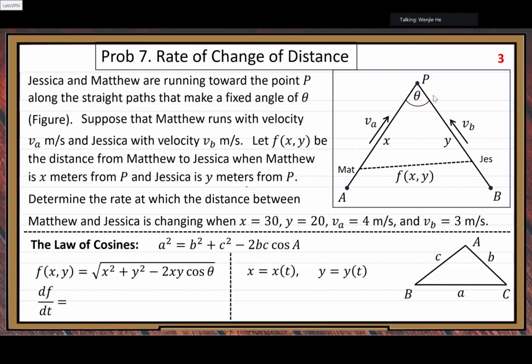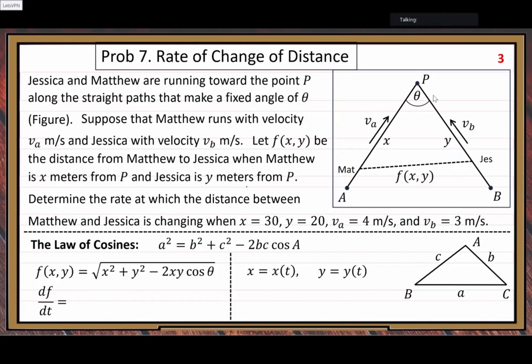But when we apply the chain rule, we need to use partial derivatives. Here we need to apply the chain rule because this is a composite function. X is another function, x of t, and y is another function, y of t. So it's a composite function, and we need to apply the chain rule.